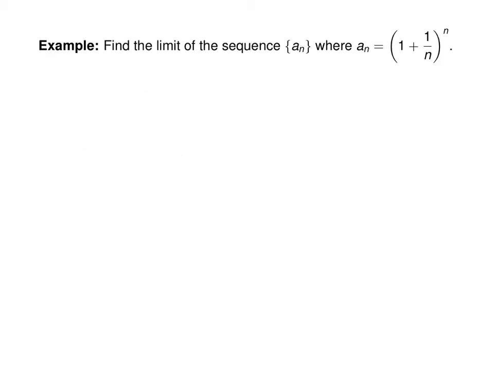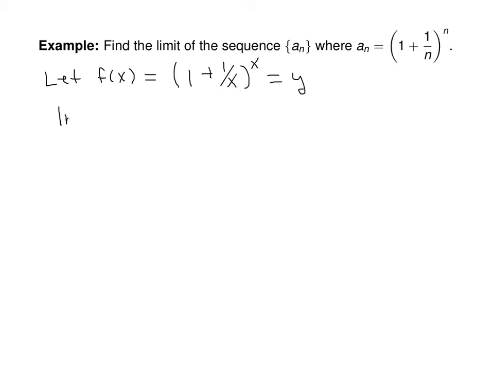Alright, find the limit of the sequence where a sub n is given by the quantity 1 plus 1 over n to the nth power. So let's start by letting f of x equal 1 plus 1 over x to the x power, or also let that equal y. Now we learned how to find limits of this form using L'Hopital's rule back a few lessons ago.